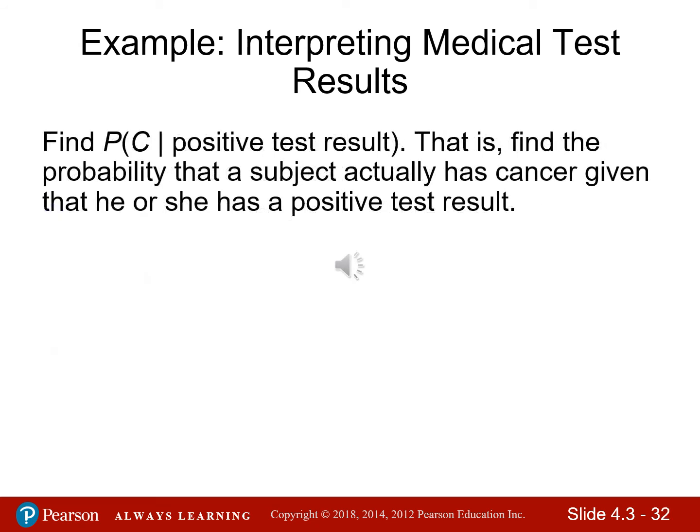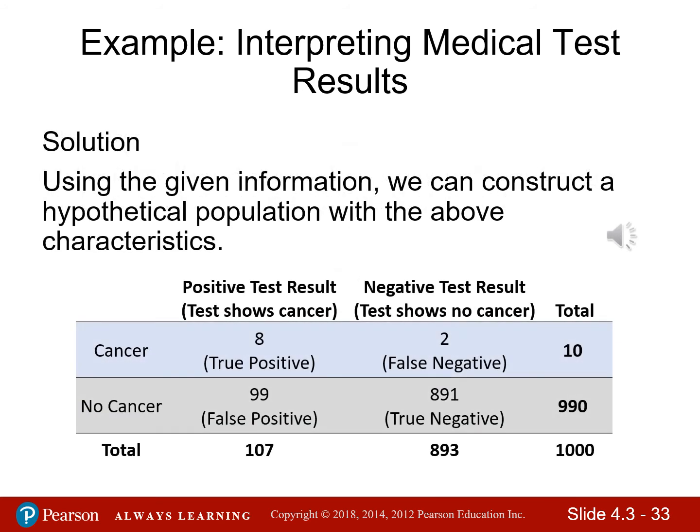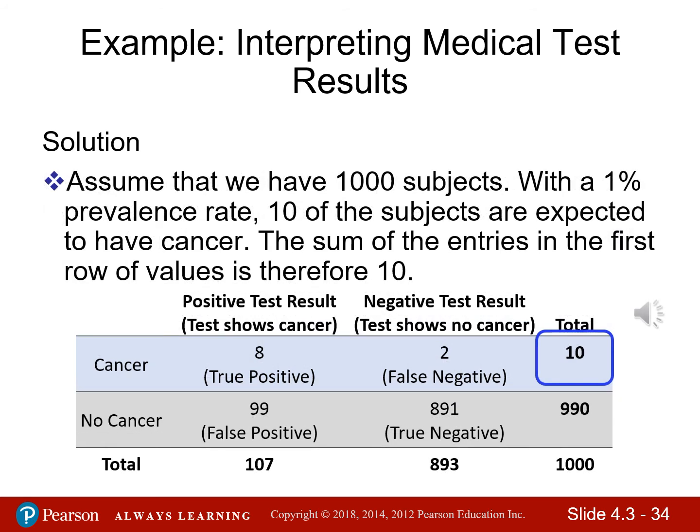Now let's find the probability that a patient has cancer given that they have a positive test result. We can represent this as the probability of C given a positive test result. Using the given information, we can construct a hypothetical population with the characteristics we described in the previous slide. Let's assume that we have 1,000 subjects.